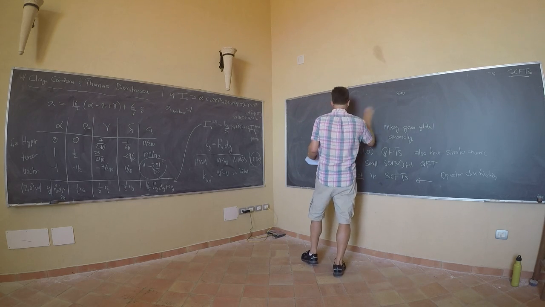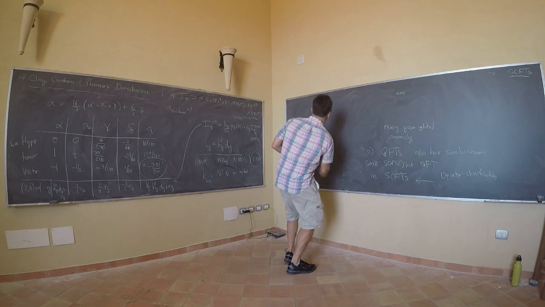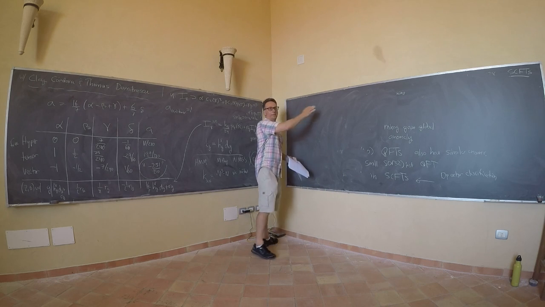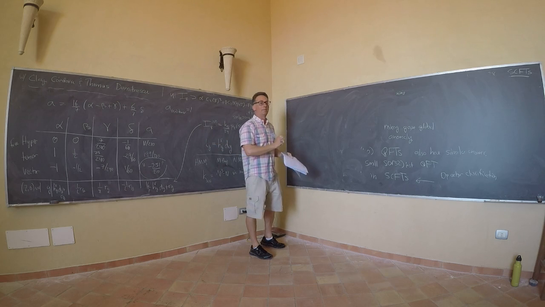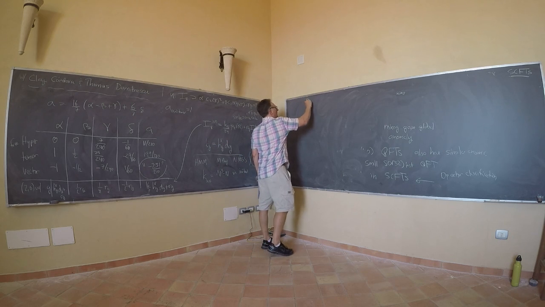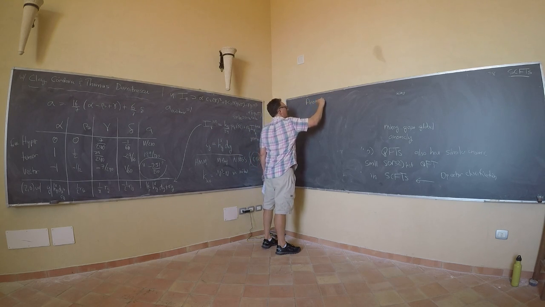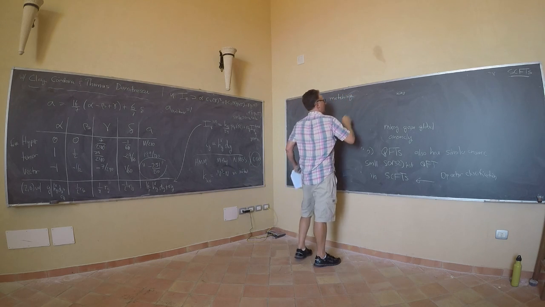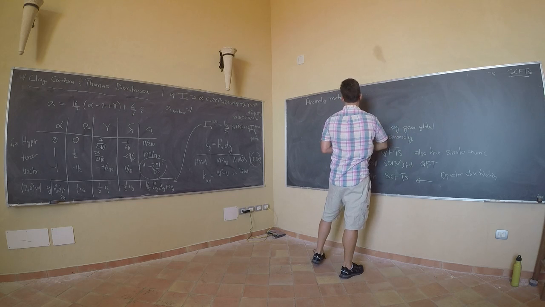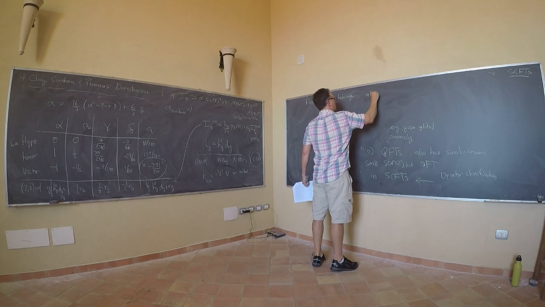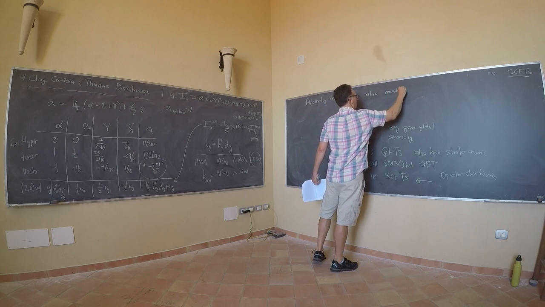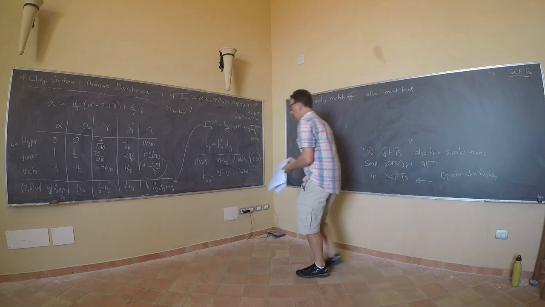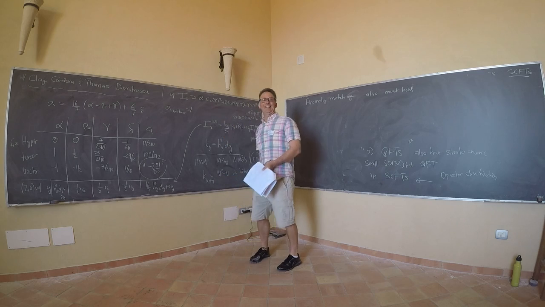yeah, so I wanted to mention about anomaly matchings. Maybe here I'll take a break from this and just say some general things about anomaly matchings. Anomaly matching also must hold in the bulk.